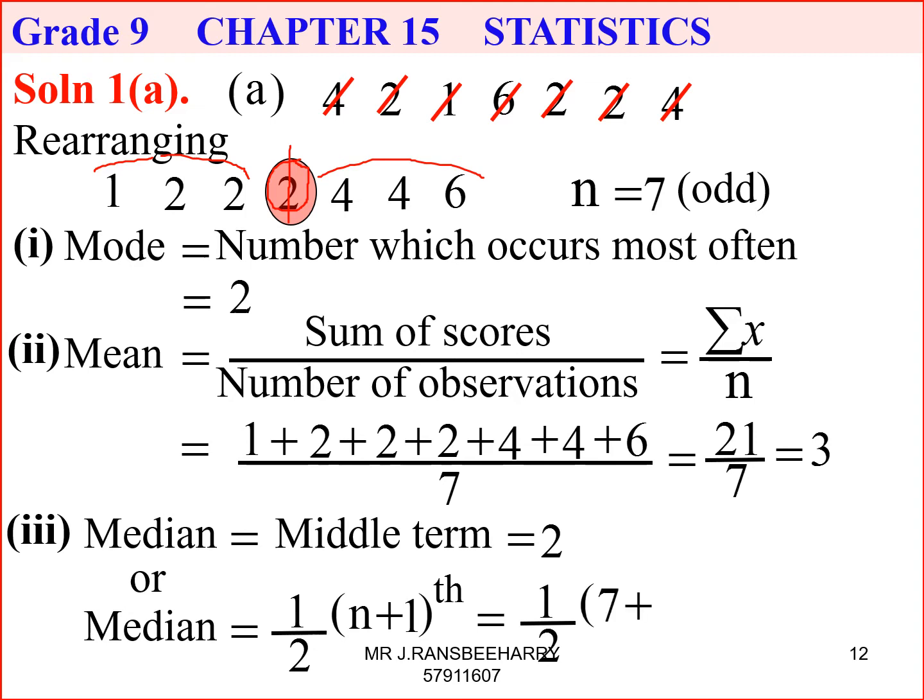Another method of calculating the median is using a formula. Median is given by the half n plus 1'th term. So n plus 1 is 7 plus 1, which is 8, over 2, the fourth term. The fourth term is 2. So here also we obtain 2. You need to know both methods.